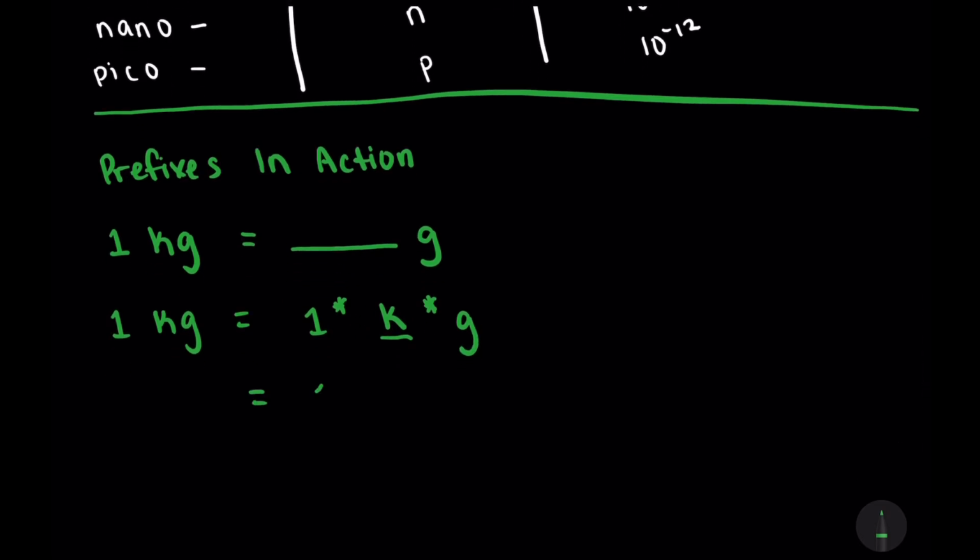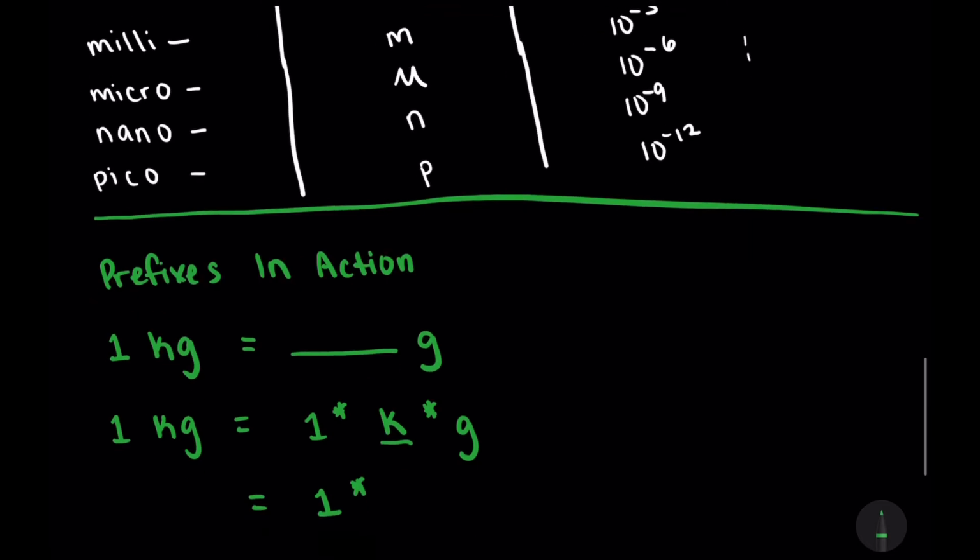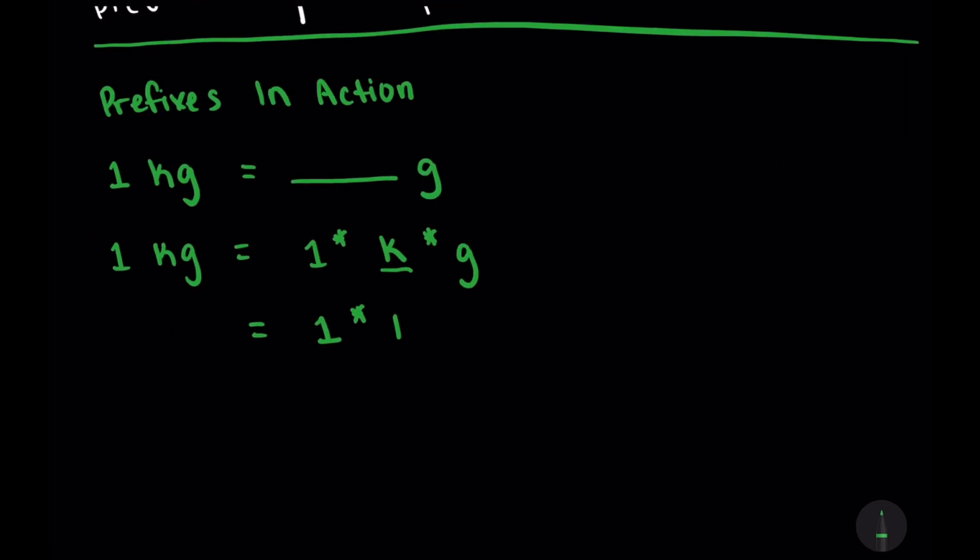And what that means is it would be 1 times what we saw up here, which is 10 to the 3, times a gram. So kind of a simpler way of writing it is 10 to the 3 grams, or because it's not that long, just 1,000 grams. So 1 kilogram is equal to 1,000 grams.